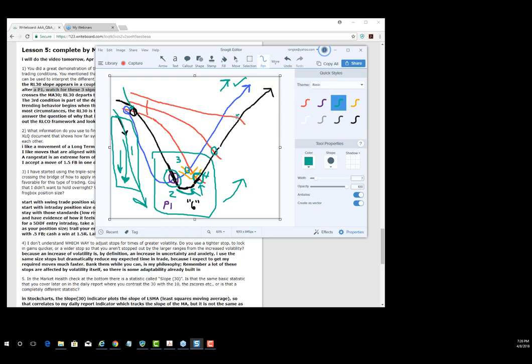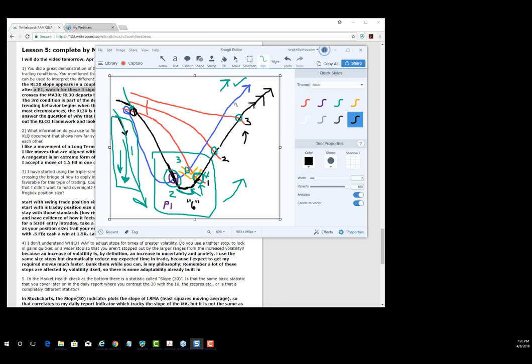And now, the next time you notice the RL30 is when it leaves the river on the far side. So you could almost think of this as a 1, 2, 3 kind of a deal. It was outside of the river, then it crossed the edge of the river, it crossed the Bollinger Band mean, and now it has left the river. This is also the time when we have the start of trending behavior to the upside.